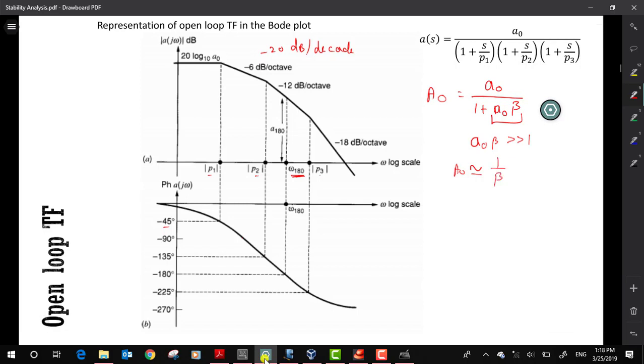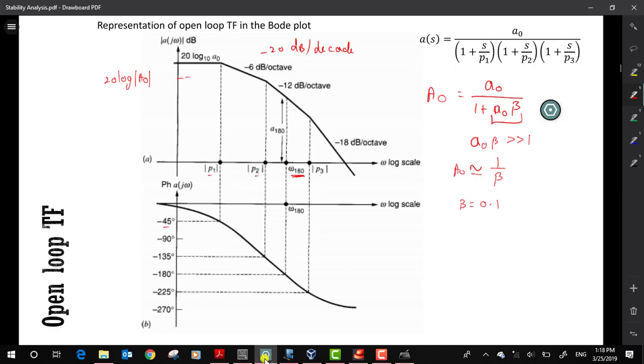So now I have this A0, which is nothing but the 1 by beta factor, and now let us assume that the value of beta is somewhere close to 0.1. I'm just using some value. Okay. Now for this 0.1, I'm just trying to map over here. So this is my 20 log of A0 magnitude. Okay. Now this is a case where I am assuming that beta is somewhere around 0.1.